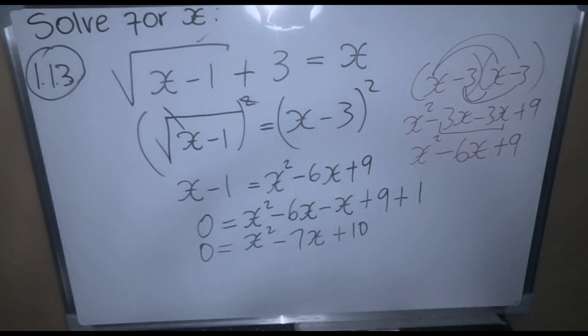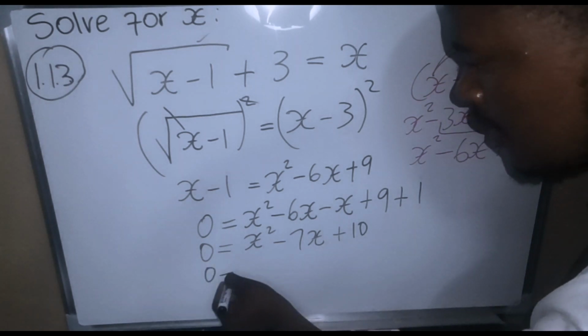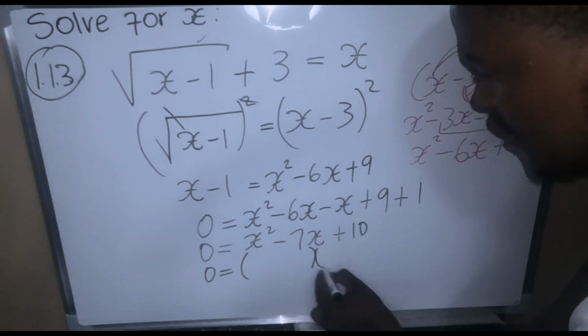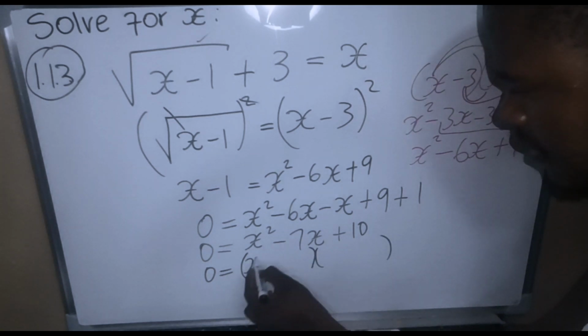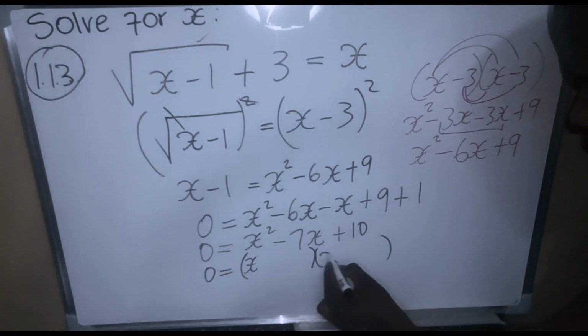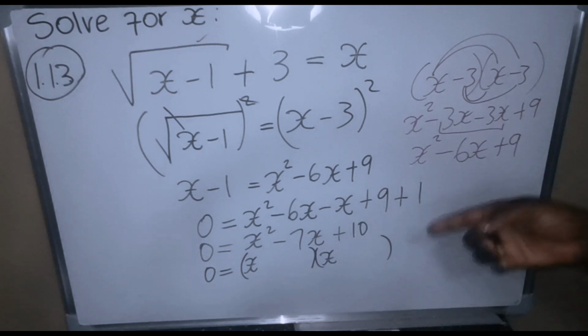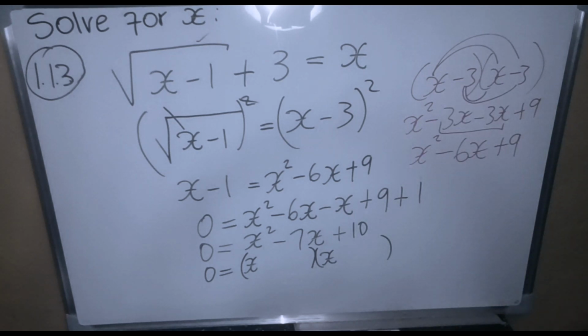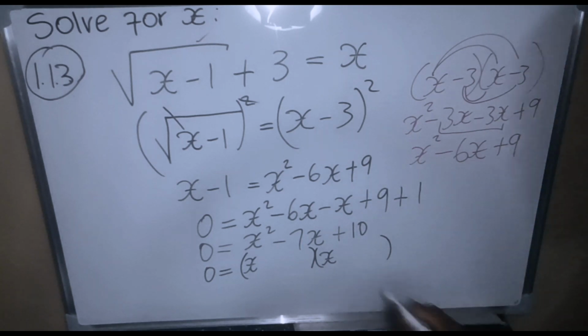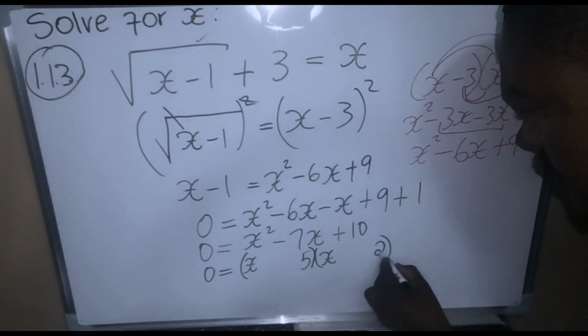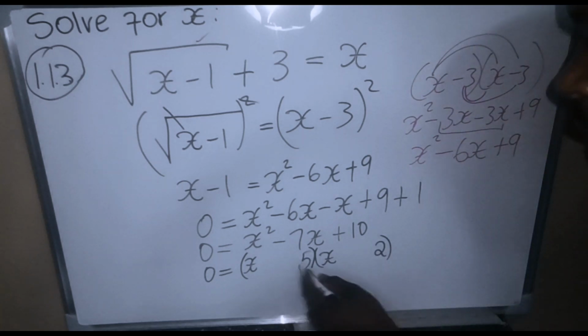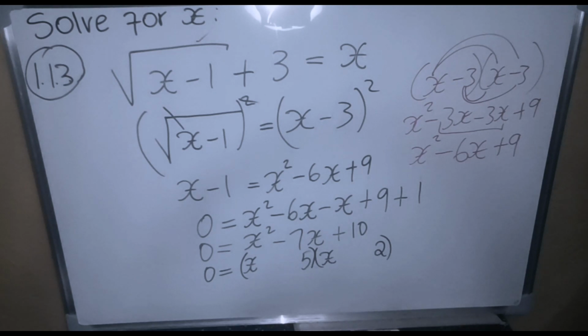Then the quadratic: you can use the quadratic equation, or we can open 2 brackets and find factors. It's your choice. Factors of x squared are x and x here. Then which 2 terms can I multiply to give me 10 and add to give me the middle term, which is negative 7? It was 5 times 2 to get 10, and 5 plus 2 is 7. That means 5 and 2 are the factors in this case. The signs should be negative because the bigger number takes the sign of the middle term.